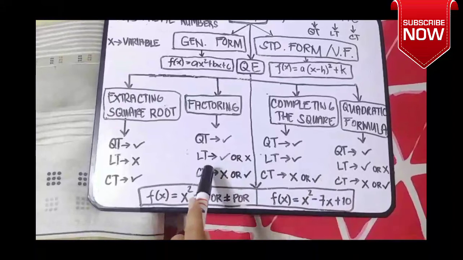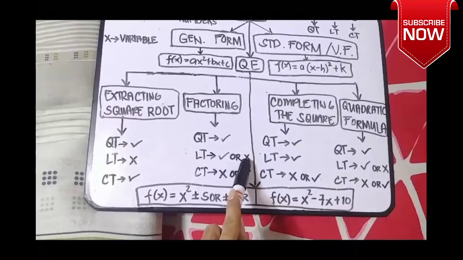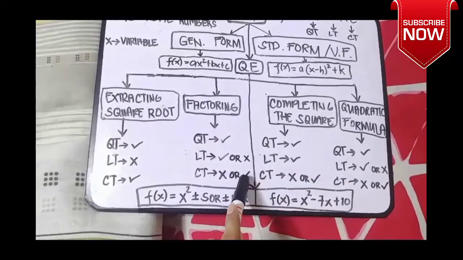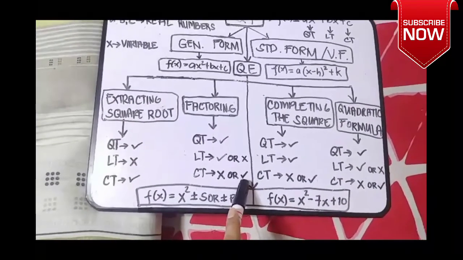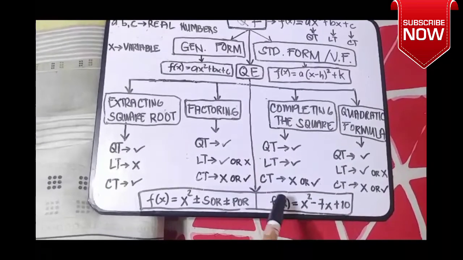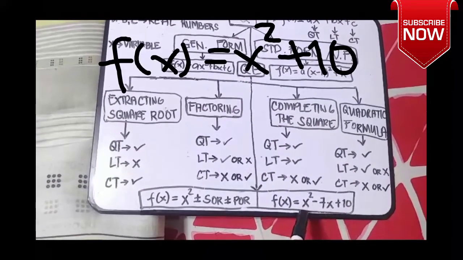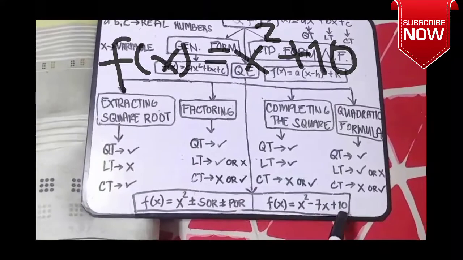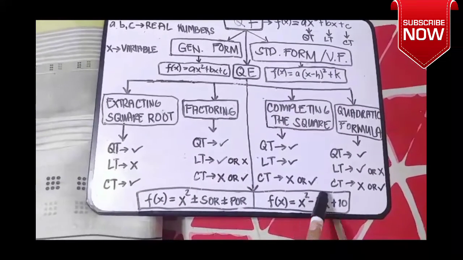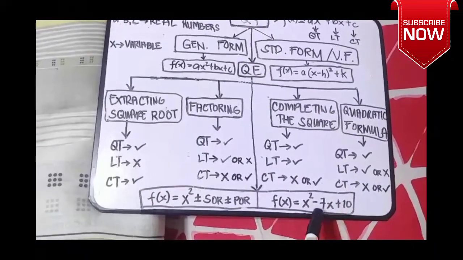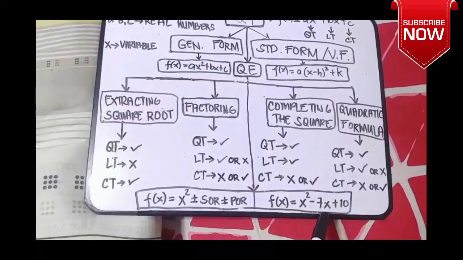Now, in a case naman na missing si linear term at present si constant term, and if we consider this equation, magiging x squared plus 10 na lang. Dahil nga, we consider na missing ang negative 7x.